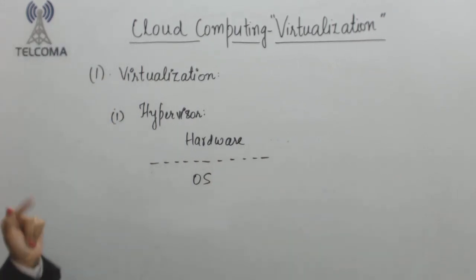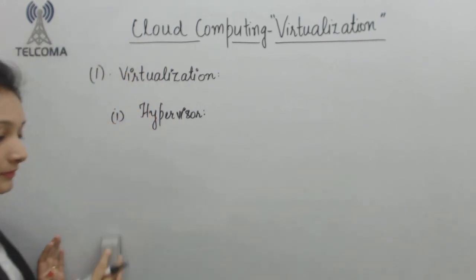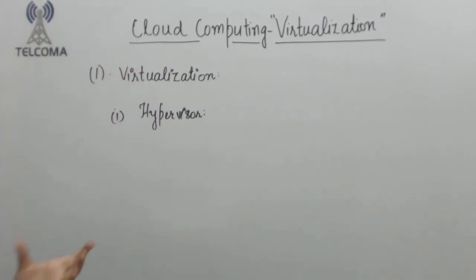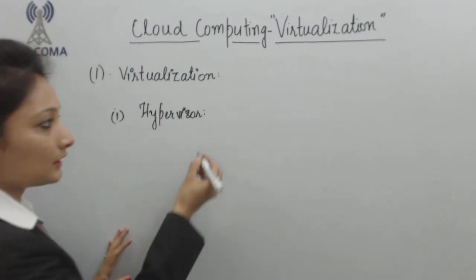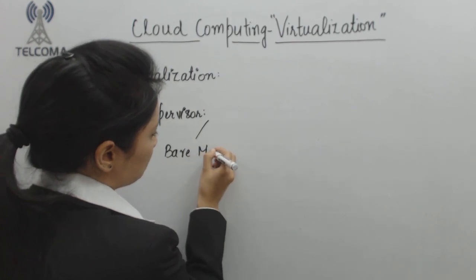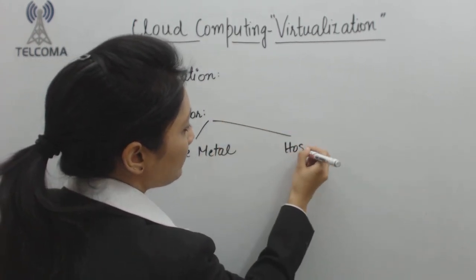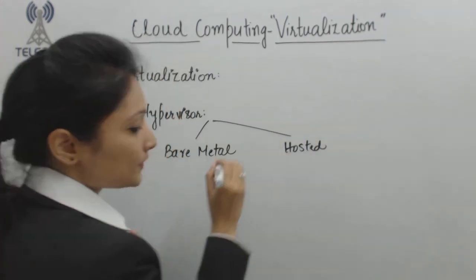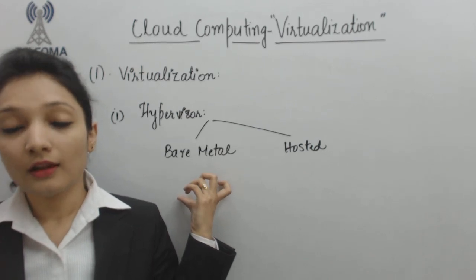Now this hypervisor is also categorized into two categories. One is the bare metal hypervisor and the other one is the hosted one. This is bare metal, and this is the hosted one. Now what happens in bare metal?